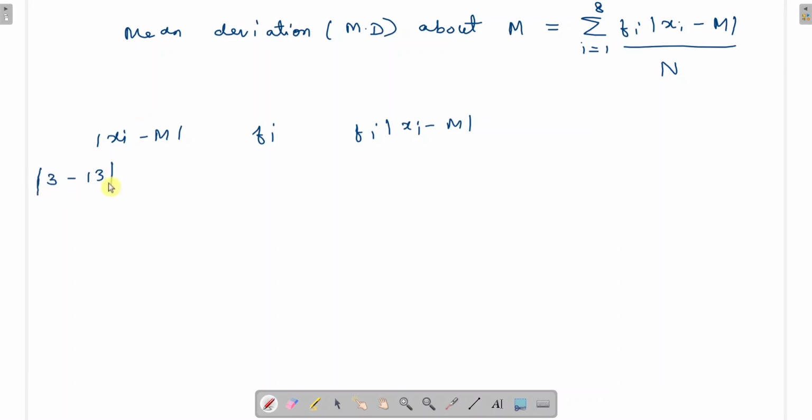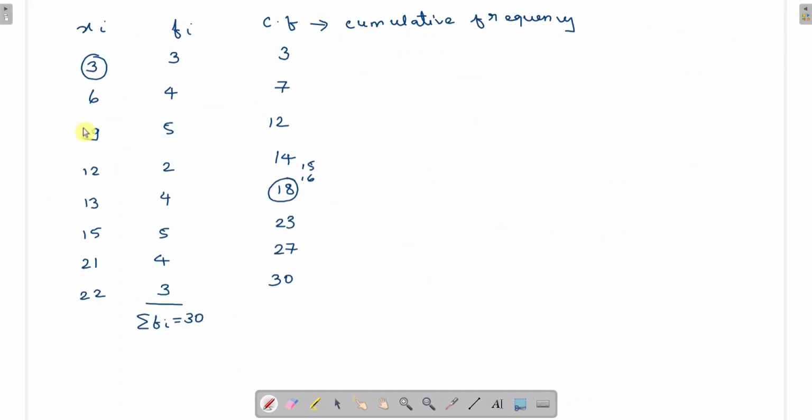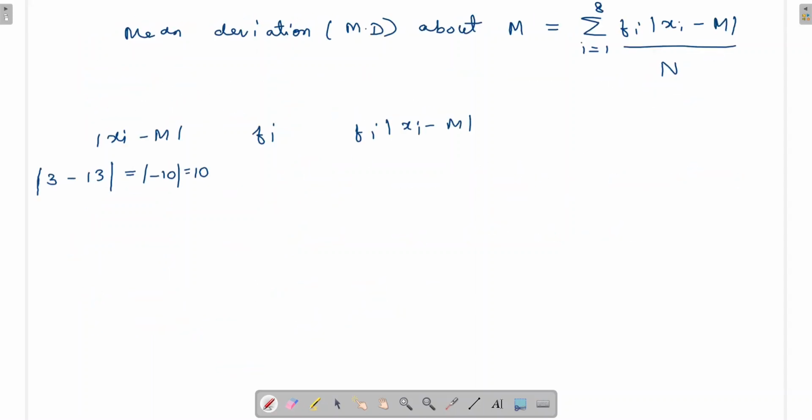So modulus of 3 minus 13, which is modulus of minus 10, which is 10. Okay, so like this we have to find the values. So what you will get as the second value? It is modulus of 6 minus 13, so that is 7.